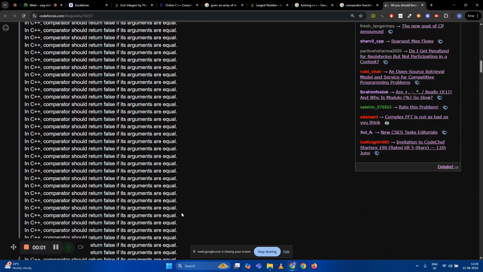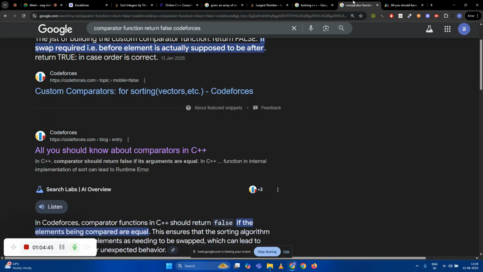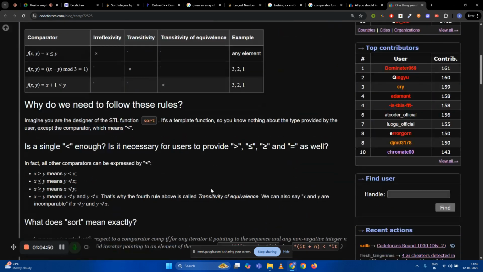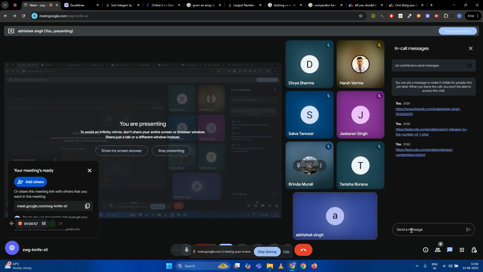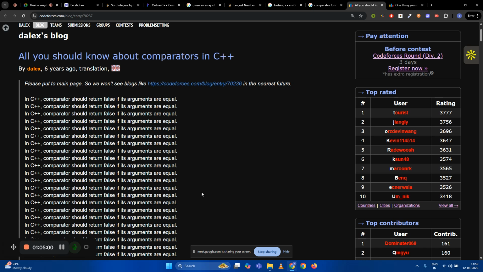You can go through it, and there's a real proof of why you should return false. I have not studied it in detail, but you should always remember to return false if both the arguments are equal. Otherwise, you will get a runtime error. We just saw that, right?